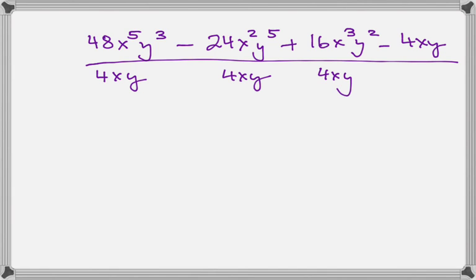I'm just going to leave that here, like so. So basically what we're doing is we're dividing out the greatest common factor, which is 4xy in this case. I made that up.